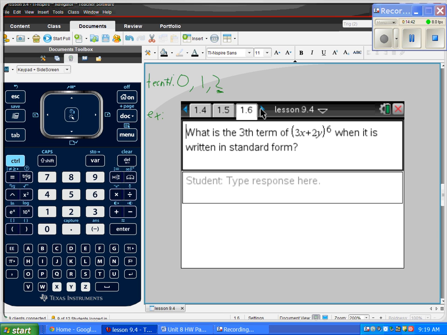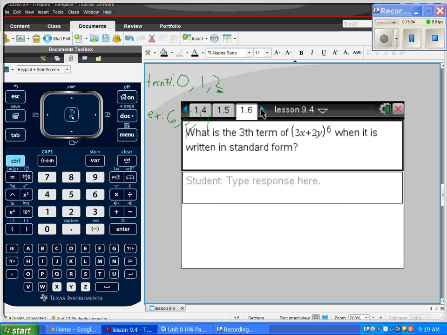A 6. Why 6? It always starts with the top number. It always starts with the n, and then it's going to work down. So the first one's going to have a 6. What's the second one going to have? And the one we're looking for, the third term?